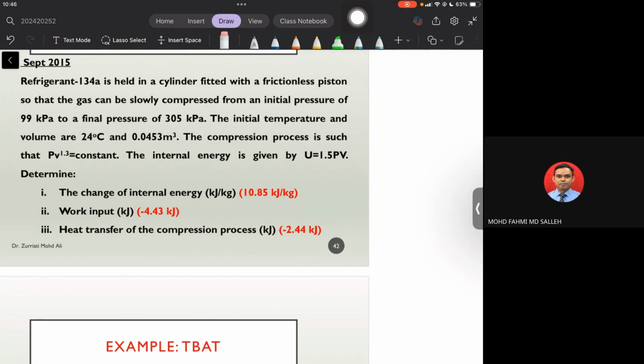Okay, so given here is the initial pressure P1, 99 kilopascal, final pressure P2, which is 305 kilopascal, and then the initial temperature and volume also are given, which is T1 and also V1.